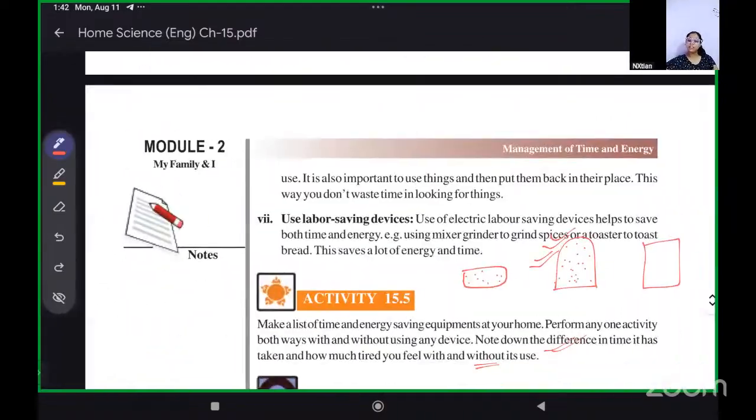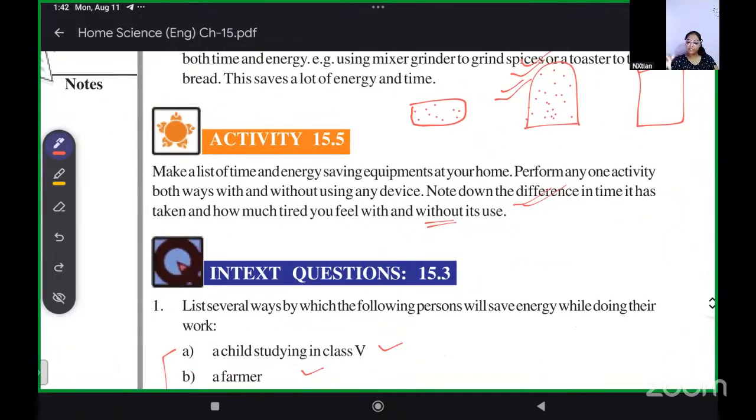Another homework that I gave you is this activity. Make a list of time and energy saving equipment. Perform any one activity both ways, with and without using any device. Note down the difference in time it has taken, with and without its use.